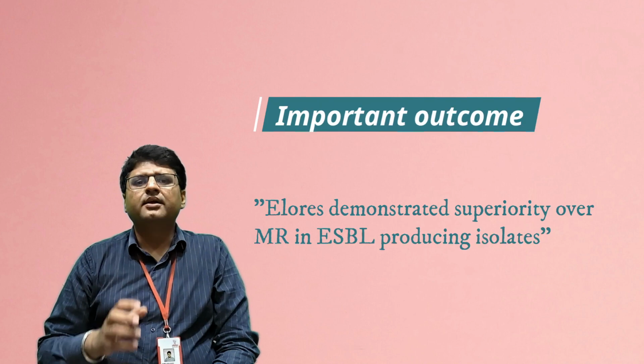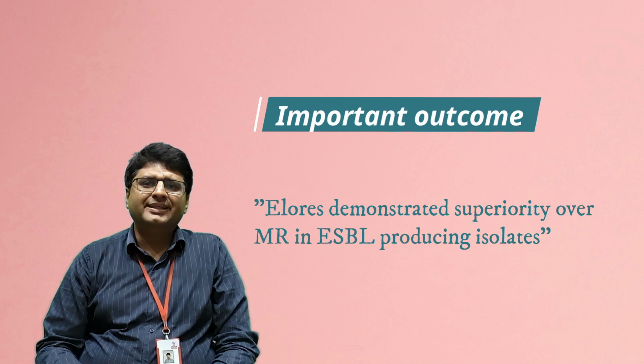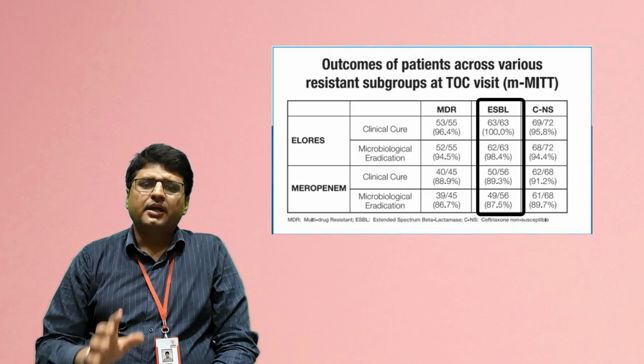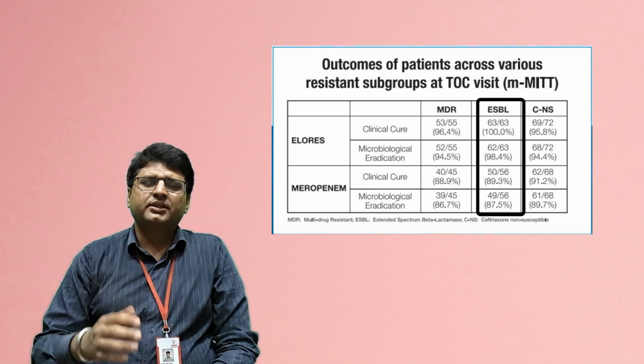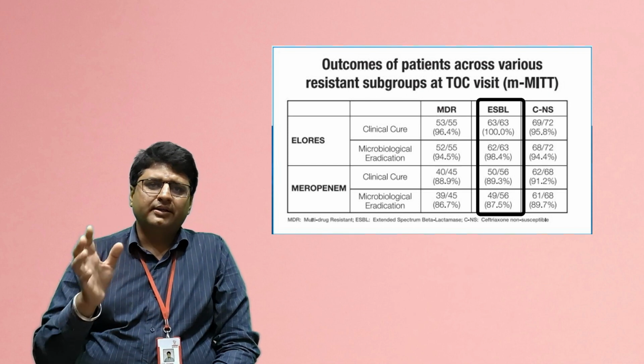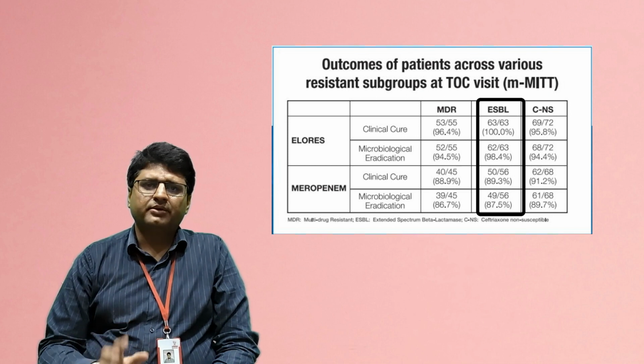Okay, so we can say that Elores demonstrated superiority over meropenem in ESBL producing isolates. As you can see in this image also, the clinical cure rates and microbiological eradication rates in the ESBL subgroup for Elores are superior to meropenem.